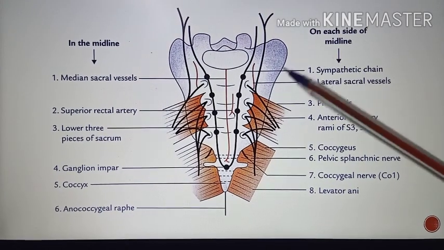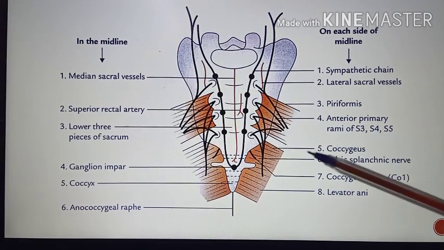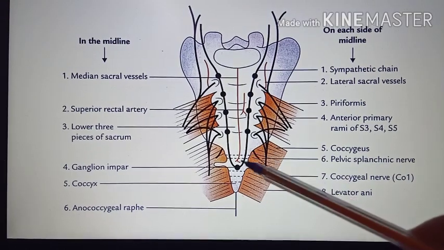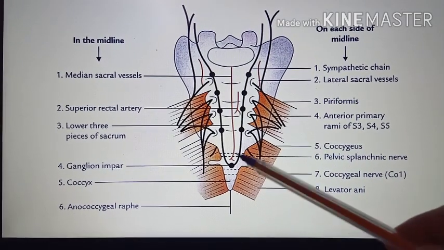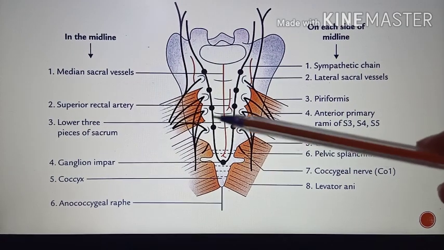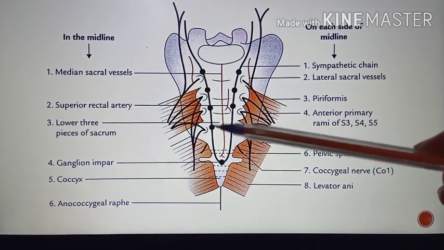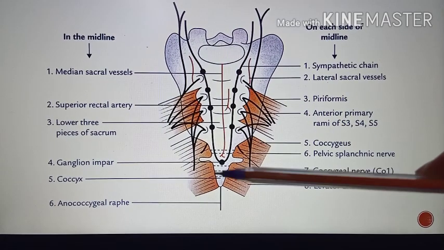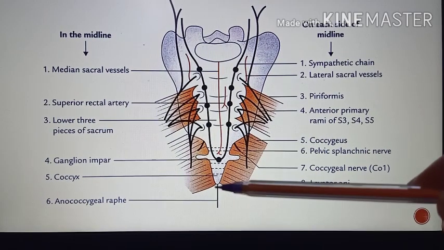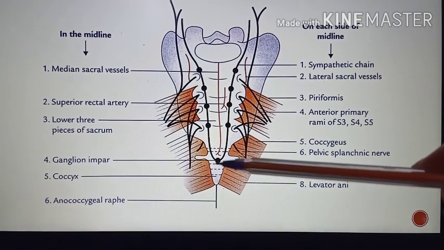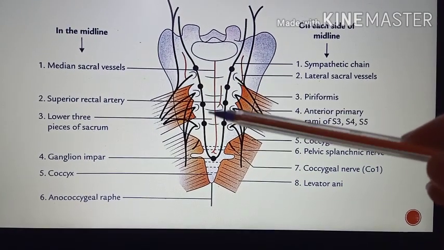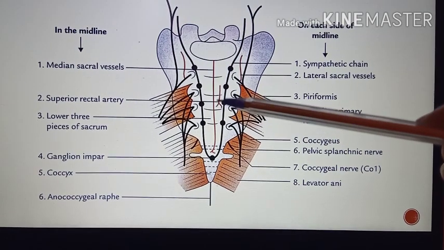Posteriorly, the relations are the same in males as well as in females. Posteriorly, along or near the midline, the structures related are the lower 3 pieces of the sacrum along with the coccyx, then the anococcygeal raphe, then the ganglion impar, then the median sacral vessel, then the superior rectal artery.